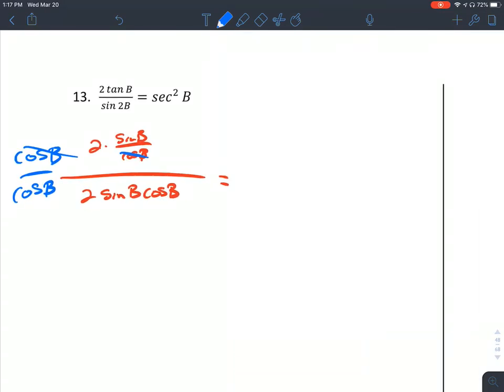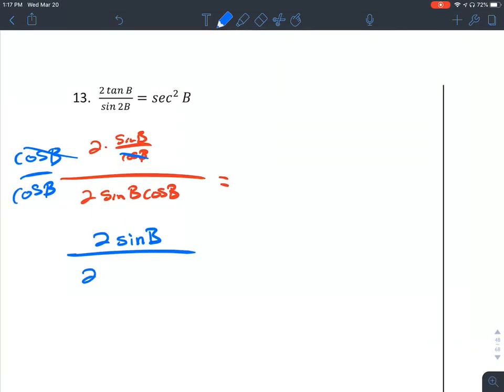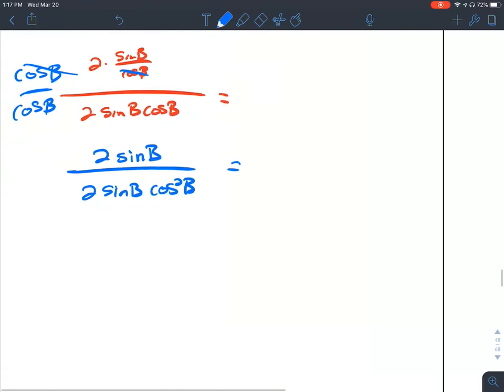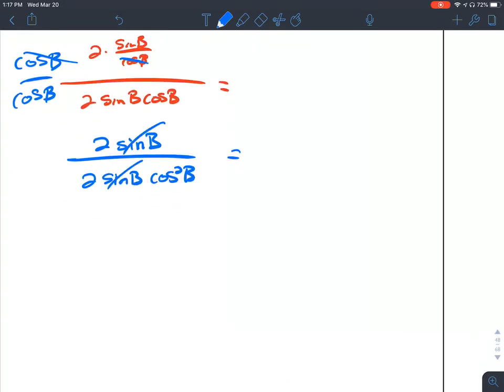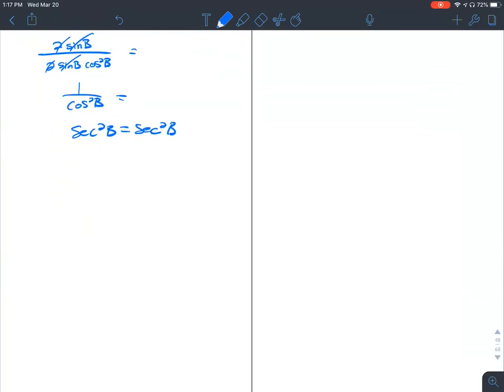Those little fellas cancel. That's going to give me 2 sine of b over 2 sine of b cosine squared of b. Hey, the sine of b's cancel. Hey, the 2's cancel. Now I have 1 over cosine squared of b, which I think you know is secant squared of b, which the right side has been all along. Boom, done, roasted.